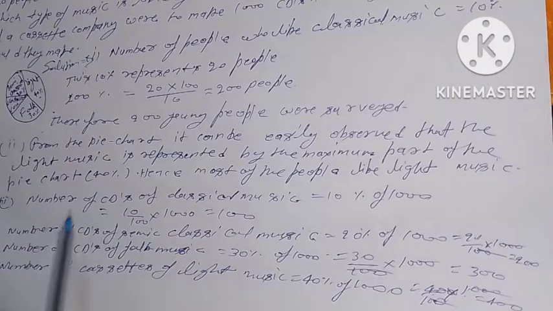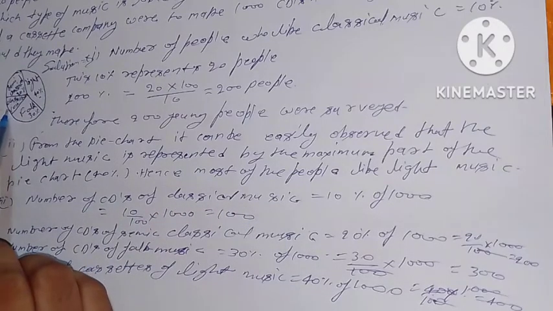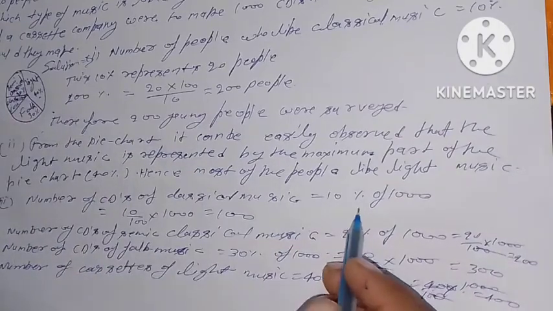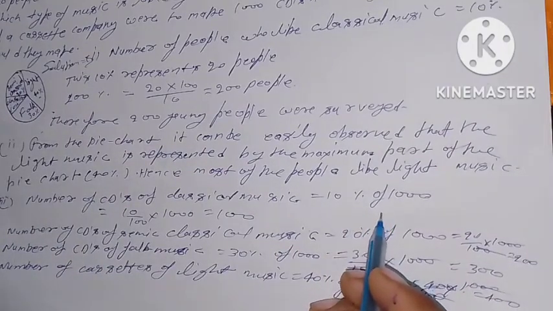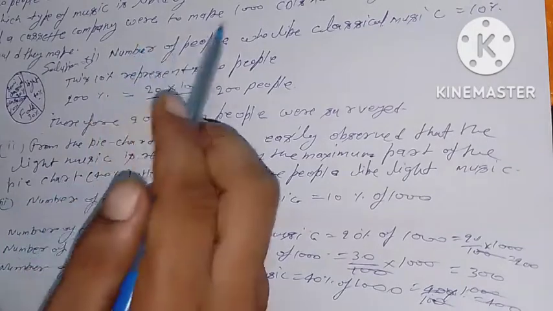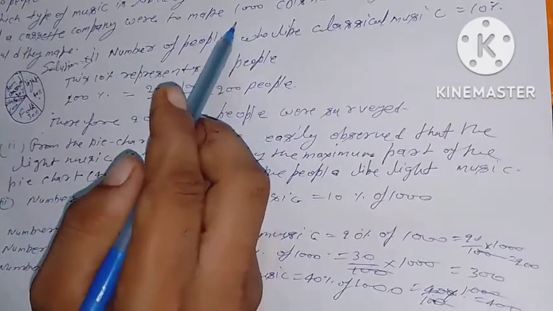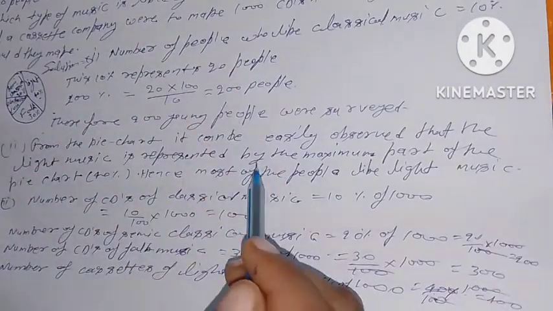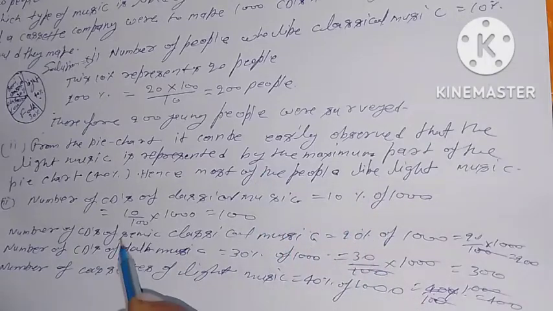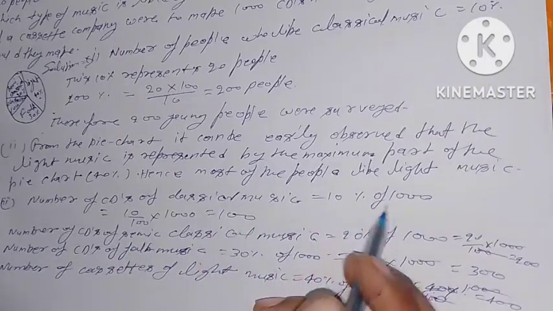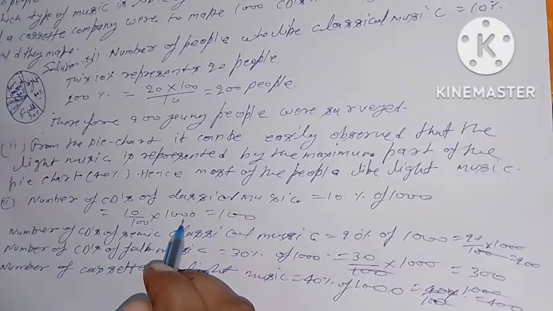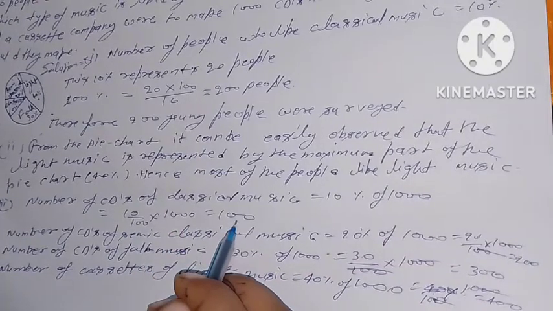The number of CDs of classical music is 10% of 1000, because the total made is 1000 CD cassettes. 10% of 1000 is 10 upon 100 multiply 1000, equal to 100 cassettes.